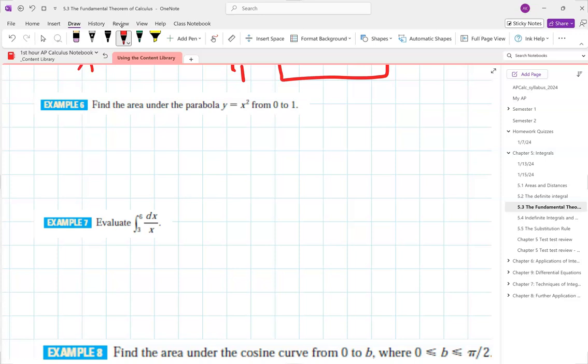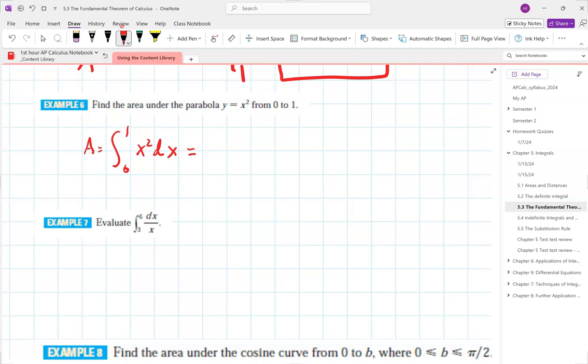It says find the area under the parabola y equals x squared from 0 to 1. So that area I can find by just doing the integral of x squared from 0 to 1. The fundamental theorem of calculus part 2 says I can just take the antiderivative of x squared.